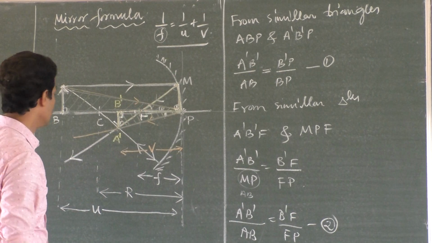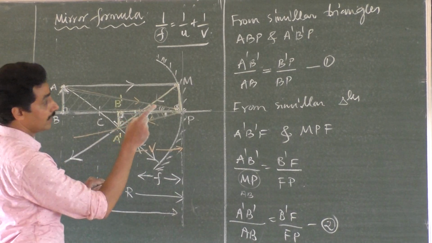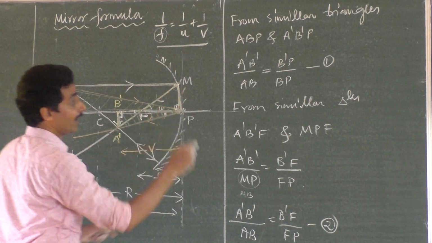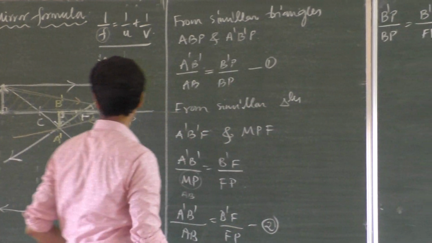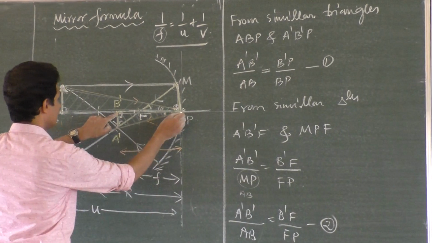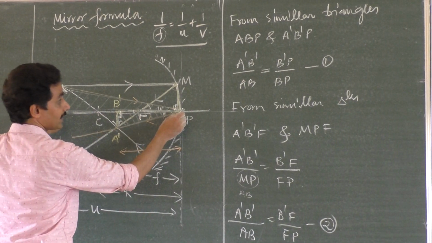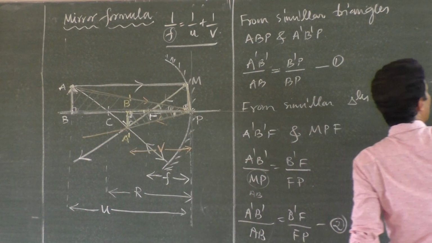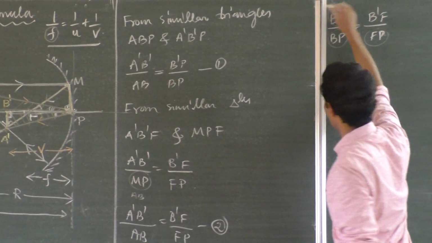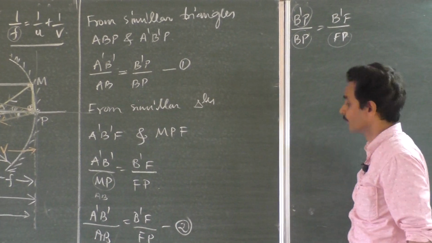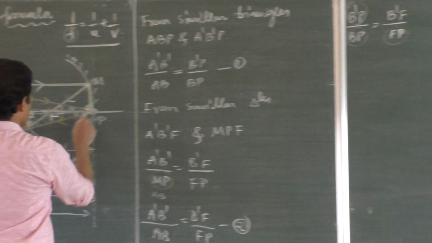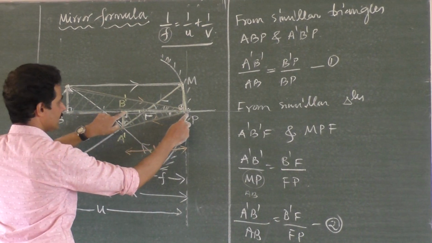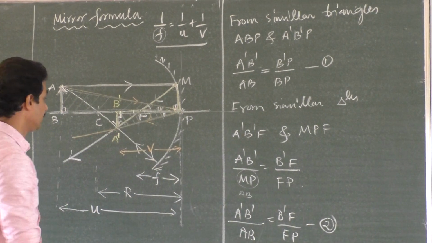Now you can substitute. B dash P is image distance, BP is object distance, and FP is focal length. These now have a meaning. But what about B dash F?